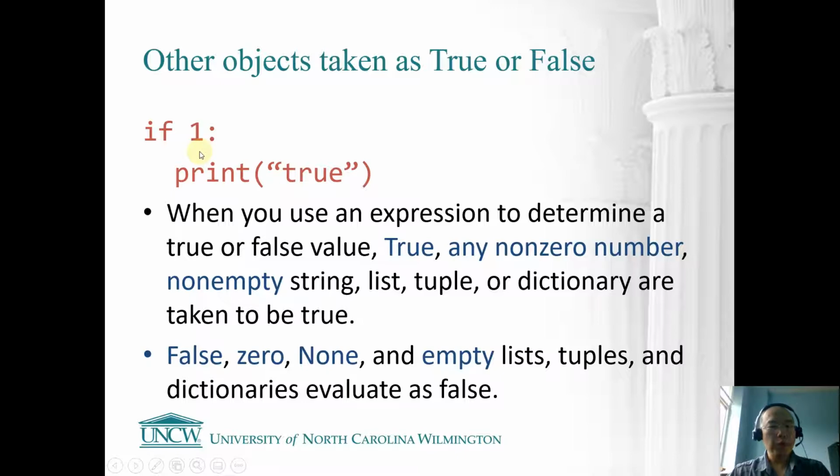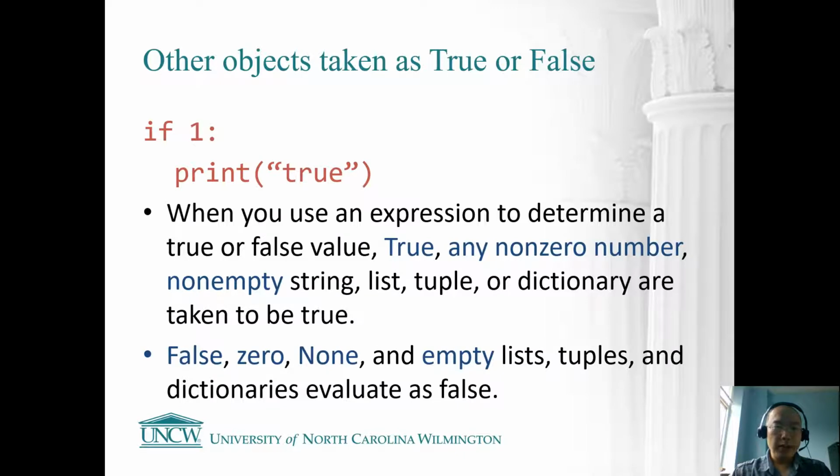Here's a rule in Python: if an expression is to be evaluated as true or false, a Boolean true will be evaluated as true. A non-zero number will be evaluated as true. A non-empty string or a non-empty value of any other data type will all be evaluated as true.